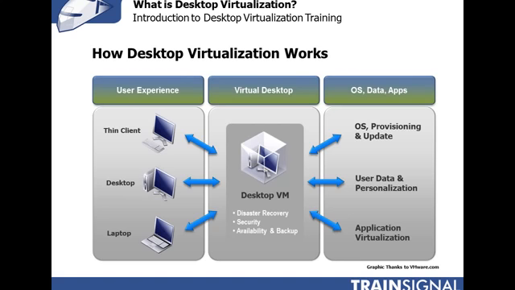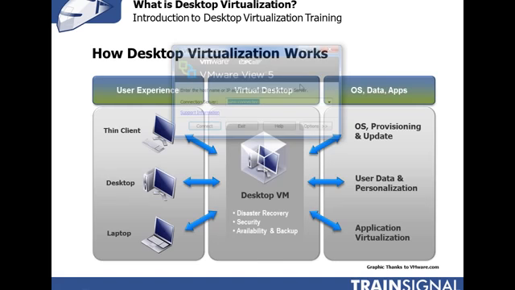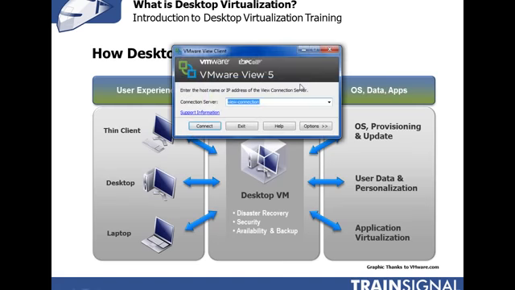So now let me show you what it looks like for an end user to use desktop virtualization. If I bring up my VMware View client, this is just a small client I installed on my local laptop computer. The connection server was automatically populated here at installation. I'll just click connect.